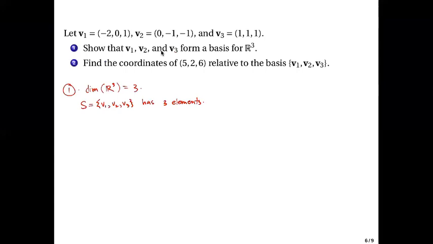So it's enough to show whether these 3 vectors are linearly independent to show that S is a basis. Or we can just show that these elements V1, V2, V3 span the set R3. So remember the theorem that was discussed earlier. So maybe let's just show that these 3 vectors are linearly independent.